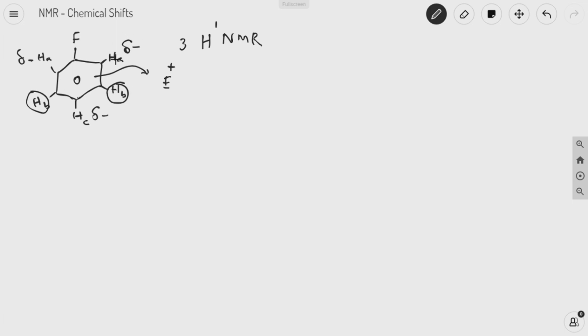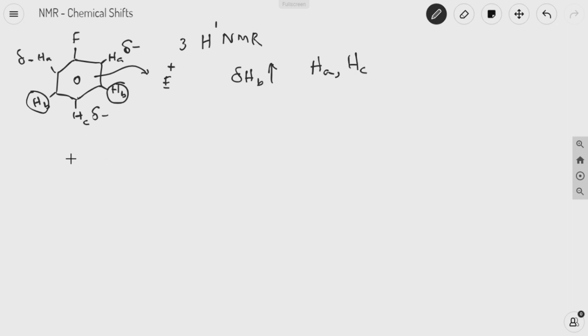So in other words, the protons HA and HC are going to experience more electron density when compared to HB. Hence, the del value of HB will be higher when compared to that of HA and HC.